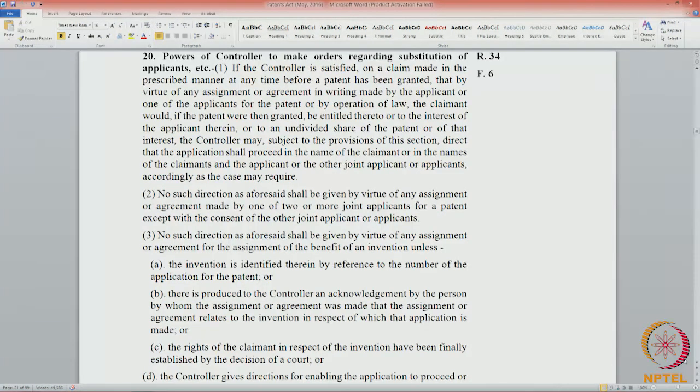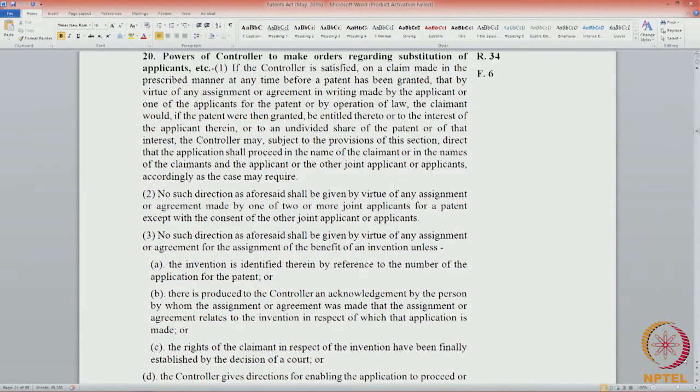B, there is produced to the controller an acknowledgement by the person by whom the assignment or agreement was made, that the assignment or agreement relates to an invention in respect of which the application is made.